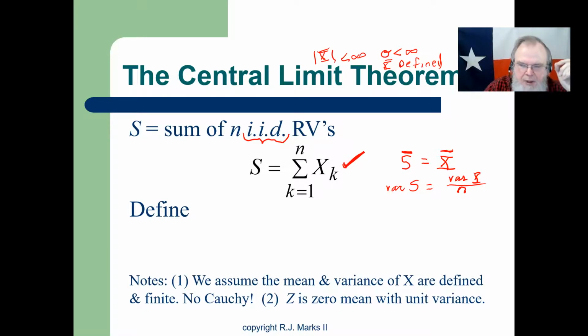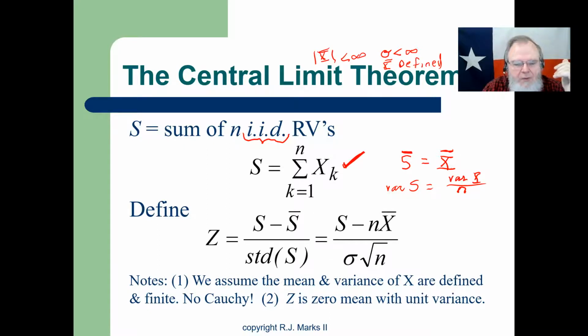So we've talked about that already in the idea of the law of large numbers, and that the law of large numbers is applied to the sum approaching what we have.